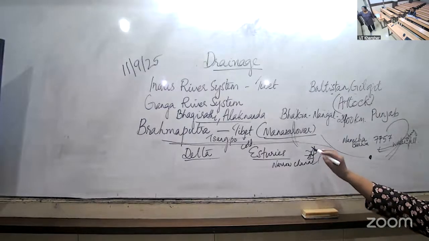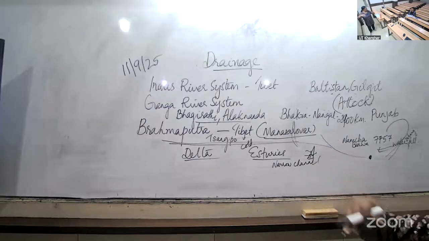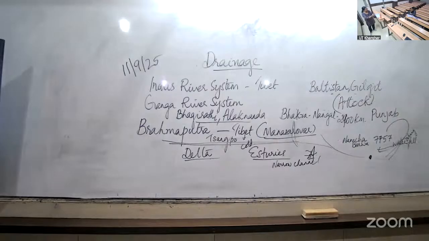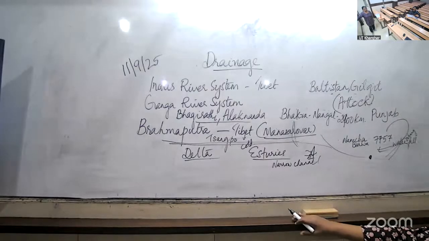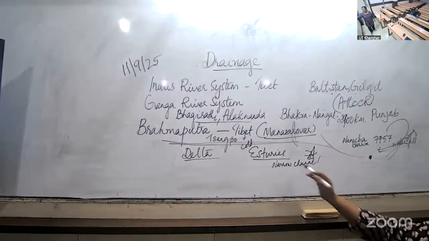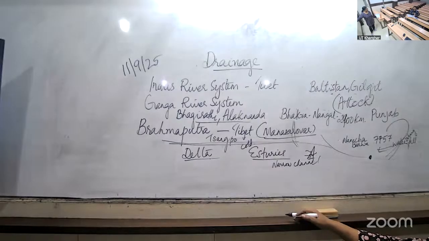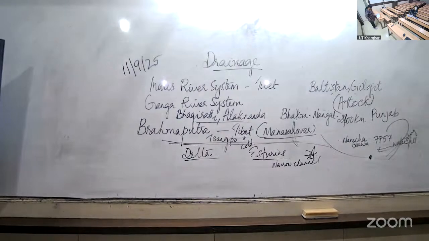It is not through the deposition, it is through a narrow channel joining the sea where sea water and fresh water mixes. That is called the estuary. So you want the definition? You write down. What are estuaries? Or distinguish between delta and estuary.